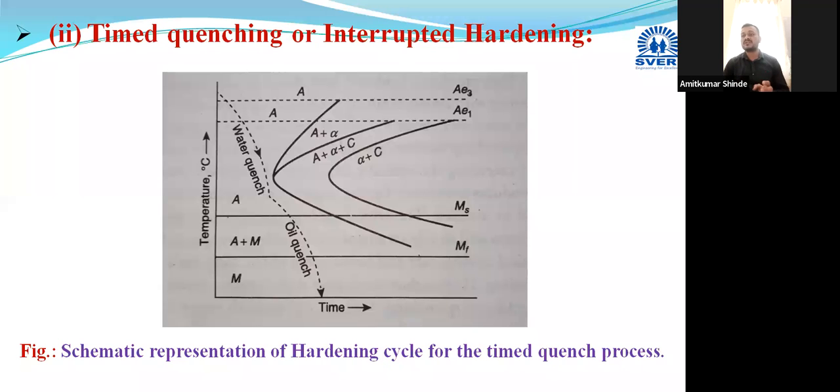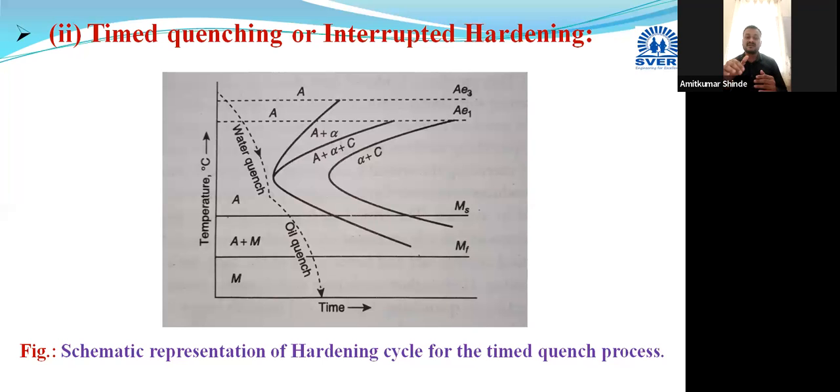The first stage is heating the steel component in the austenitic region, that is above A3 for hypoeutectoid steel and above A1 for hypereutectoid steel by 50 degrees Celsius, and holding at that temperature. The time will vary depending on the shape and size of the component, to get homogeneous austenite and equalization of temperature.